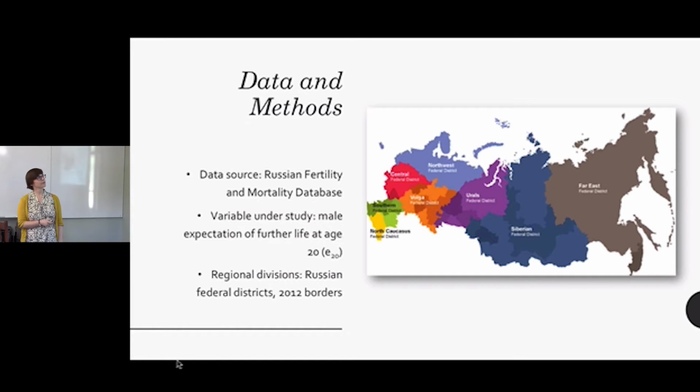Okay, you can kind of think of them in pairs. Over here we have the Southern and North Caucasus federal districts. The North Caucasus especially is fairly poor. They receive a lot of money from Moscow for their state budgets, but they have basically always had the best mortality in Russia, even in the Soviet period, because it's predominantly Muslim and they don't have the same drinking problems that they do elsewhere.